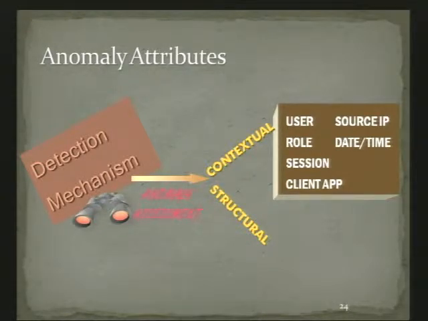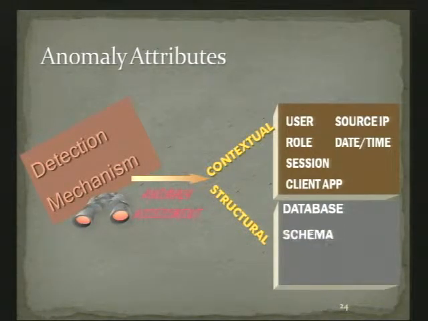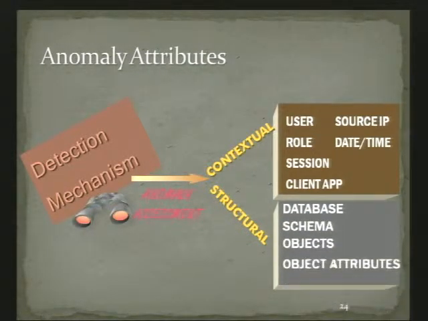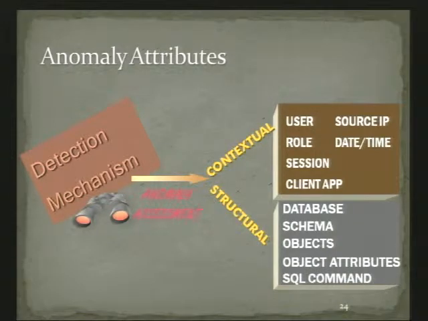The structural attributes describe the actual structure of the request: which database it is accessing, which schema, what objects like tables, views, stored procedures, what the request is doing, and the attributes, which differ depending upon the objects accessed, and then what SQL command was used in the request.